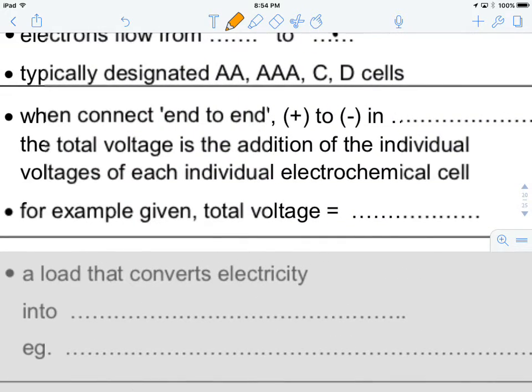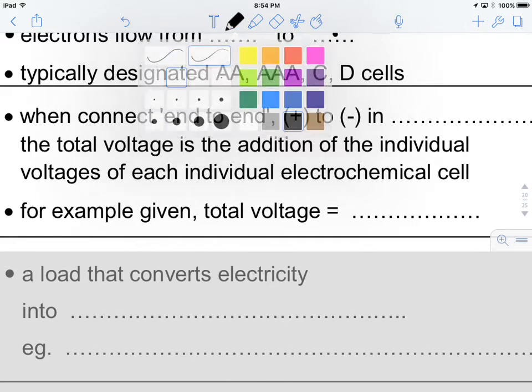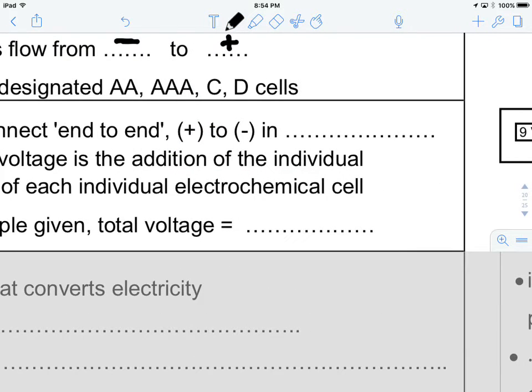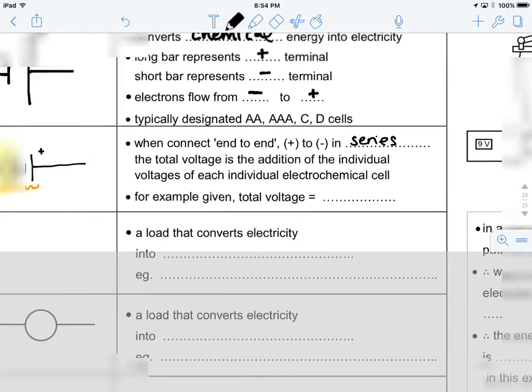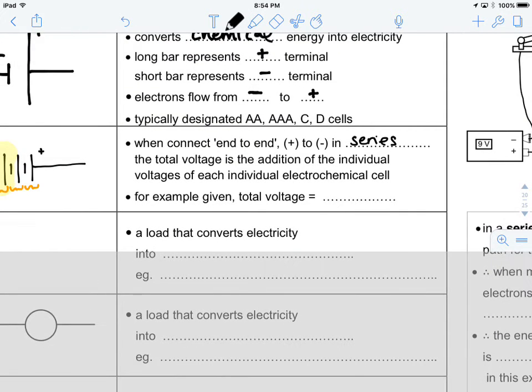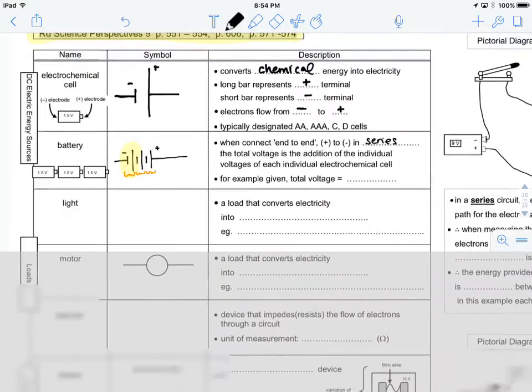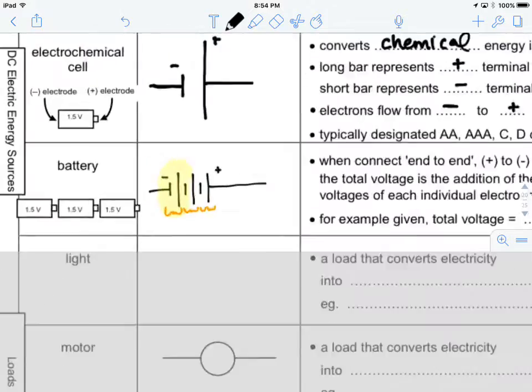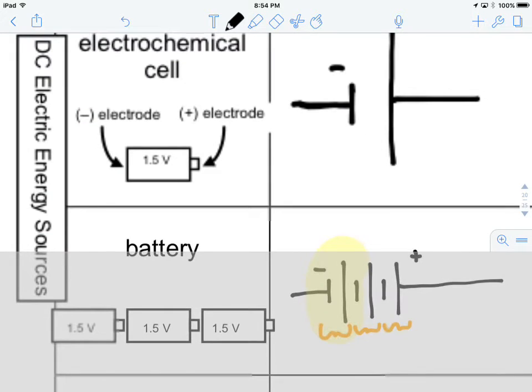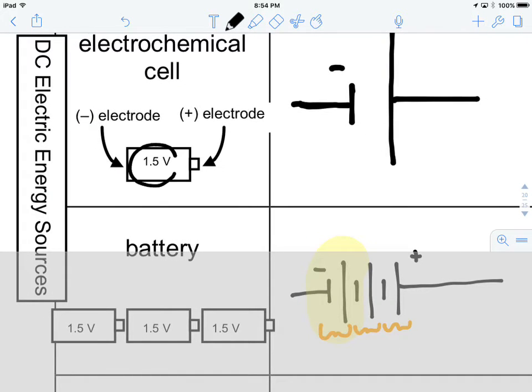And when we connect them end to end, we're always going to connect them in a straight line. And we call that series, as we've talked about. The total voltage is the addition of the individual voltages. So very often when we have one of these little electrochemical cells, we'll notice that the individual voltage is about 1.5.